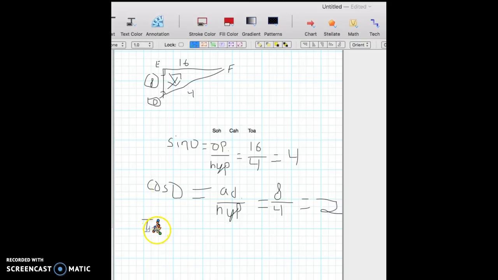Okay. So now we're going to do the tangent of D. So we're going to once again look at those two letters that come after the T, which are O and A. So O is going to stand for opposite.